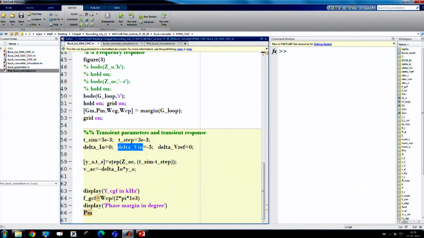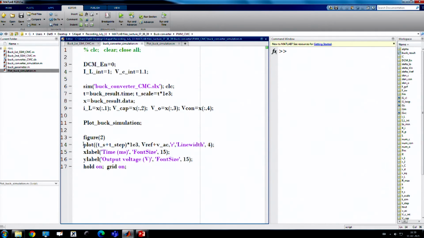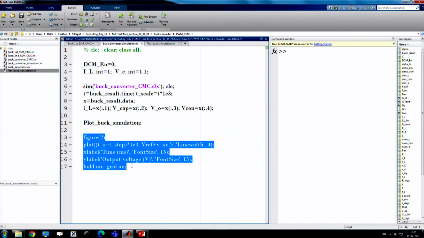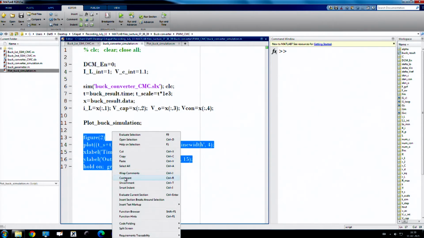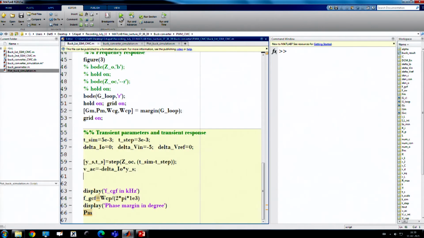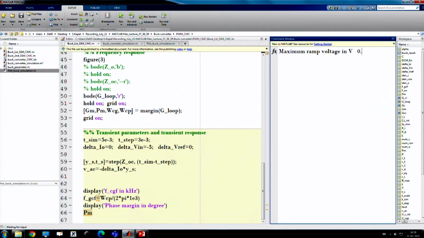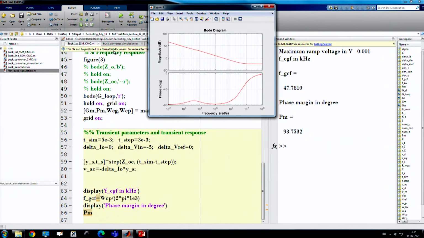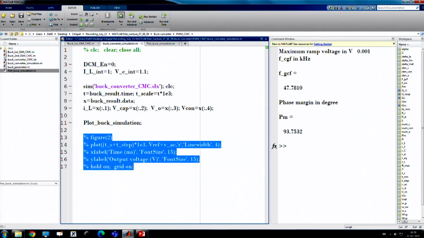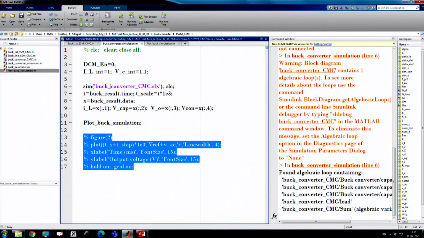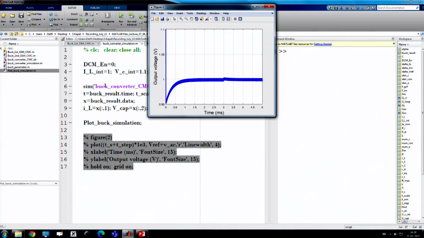We do not want to plot the other one, because the supply gain is 0, so this plot we want to avoid. Okay, so 0.001, and the next is what we want to show. So we made a supply transient.